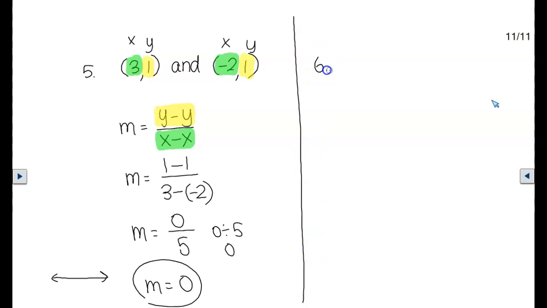Okay, one last problem. Let's do negative 2, 3 and negative 2, negative 5. X, y, x, y.